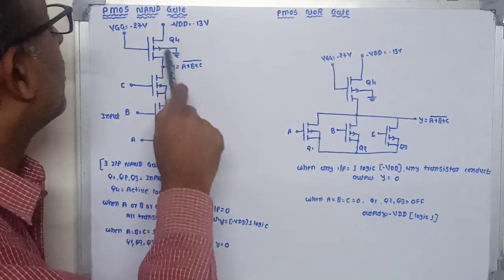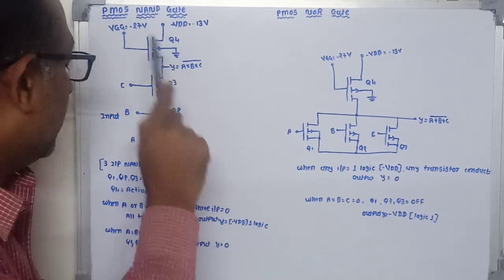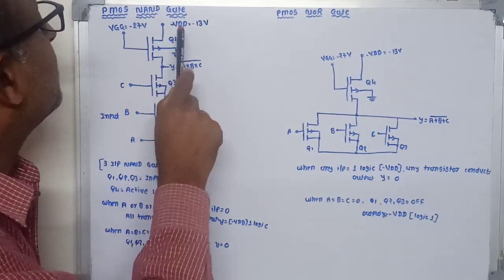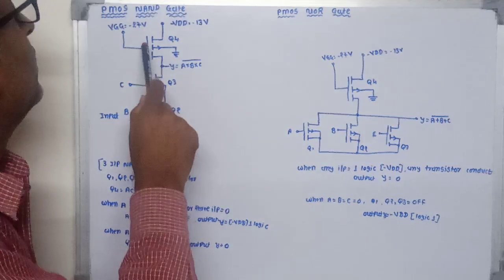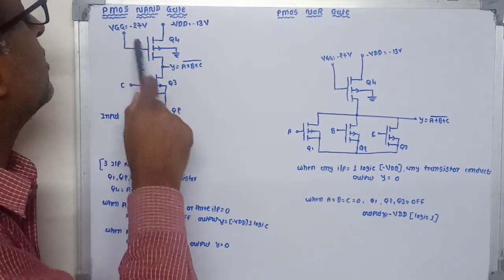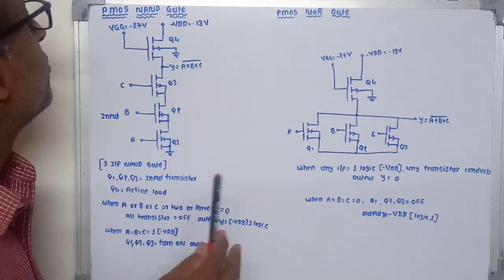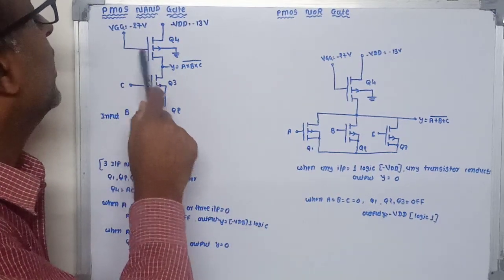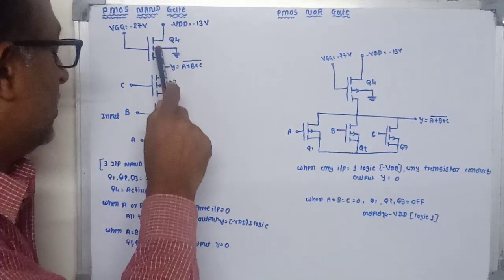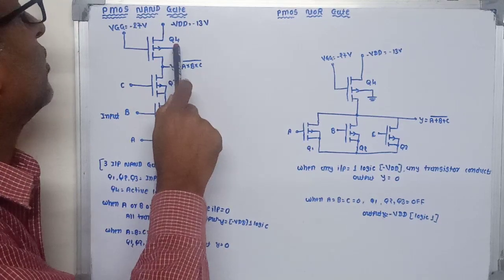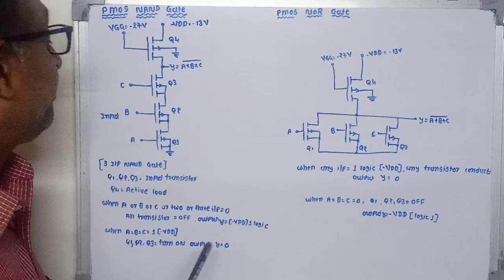And this P type MOSFET works as an active load. Now the gate terminal of this Q4 transistor is connected to minus 27 volt, and the drain terminal of this active load transistor is connected to the minus 13 volt supply.